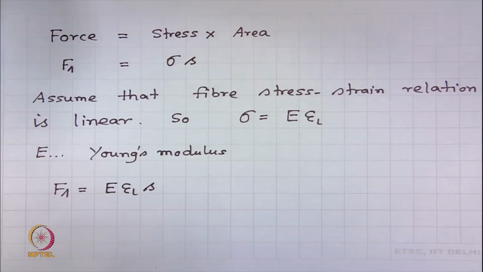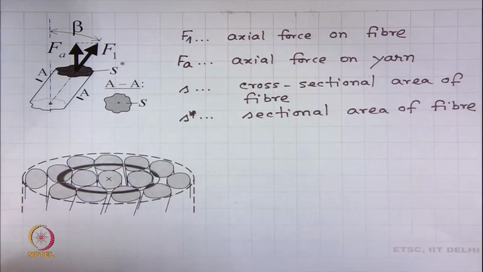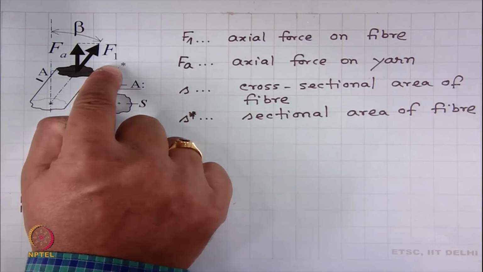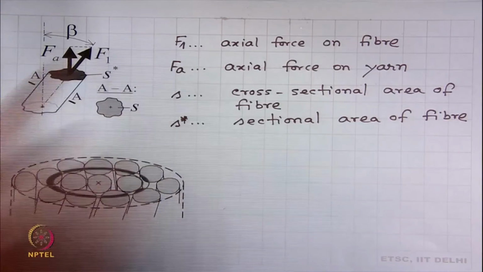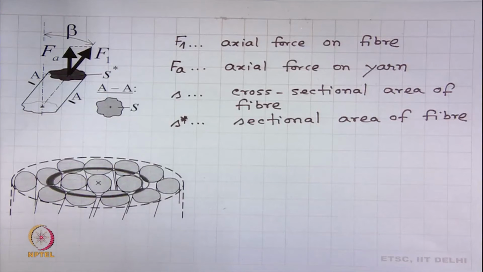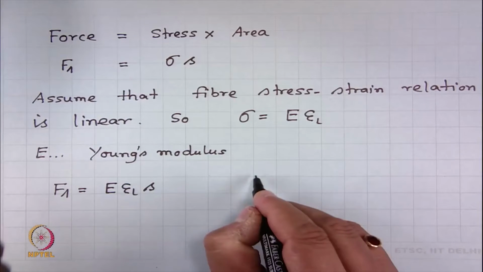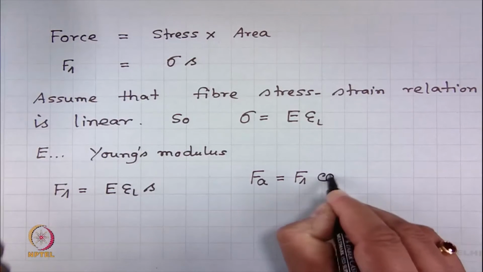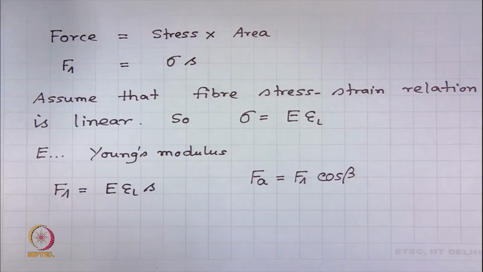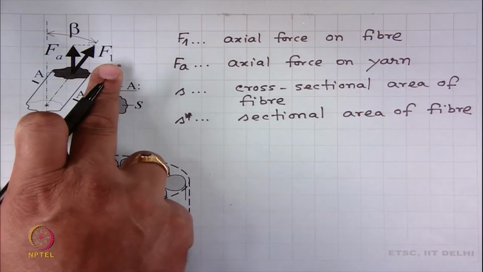Now, we go back to this drawing again. We know the quantity of F1, we are interested to find out F subscript A, beta is the twist angle. So, F subscript A is equal to F1 times cos of beta.